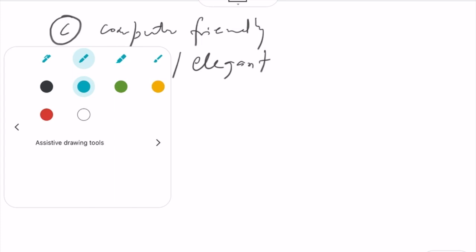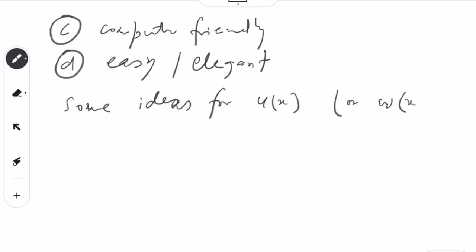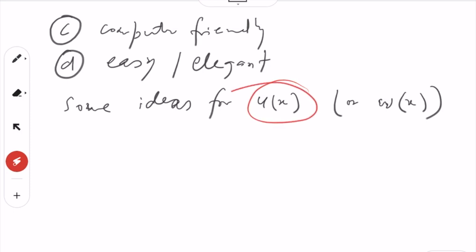So we have to come up with some ideas for u(x) or w(x). You know that u and w are close. Whatever you are finding for u(x), you will take w(x) close to that, an almost similar expression, however it has its own criteria to be fulfilled.